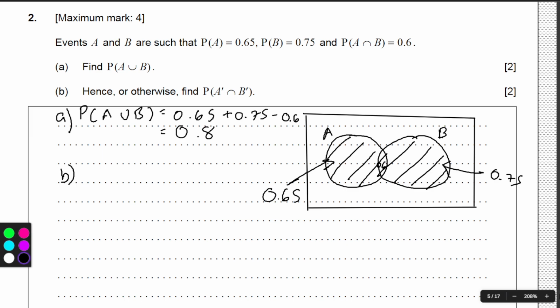Now, if we look at this Venn diagram again, we can tell that we're trying to find the intersection of not A and not B. So not A, I'm going to color it green here, would be all of this here.